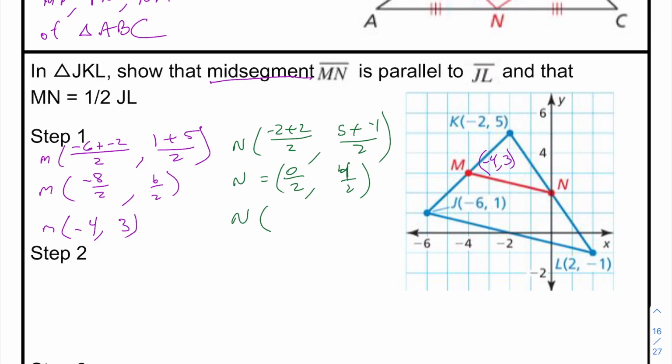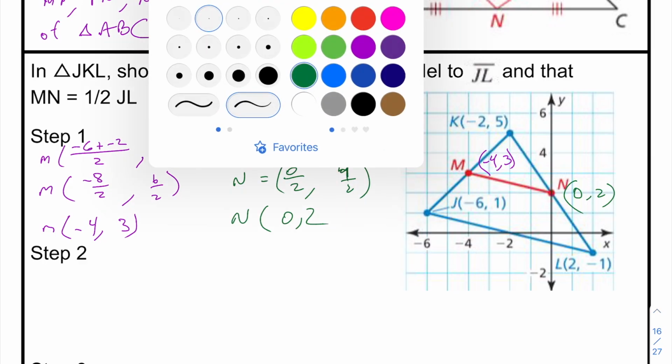So N is 0, 2. Now we could have just looked on our coordinate plane here and determined what that was. But what if we don't have a coordinate plane and we just have the coordinates of JKL? We need to find MN. Well, we're going to use our formulas. We're going to plug in our coordinates for x and y and find them.